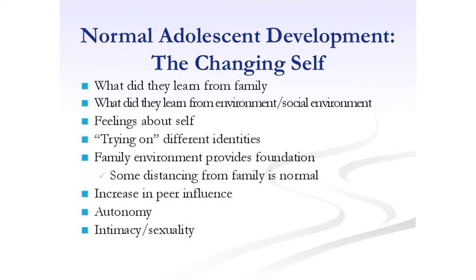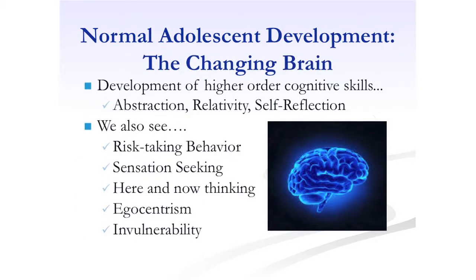And as the adolescent distances herself from the family, there's an increase in peer influence, searches for autonomy, and looking for intimacy outside of the family, which of course is tied up in sexuality. Overlying all of this, of course, is the changing brain. And through adolescence, the individual is developing higher order cognitive skills, the ability to abstract, the ability to look at things in relative positions, and self reflection.